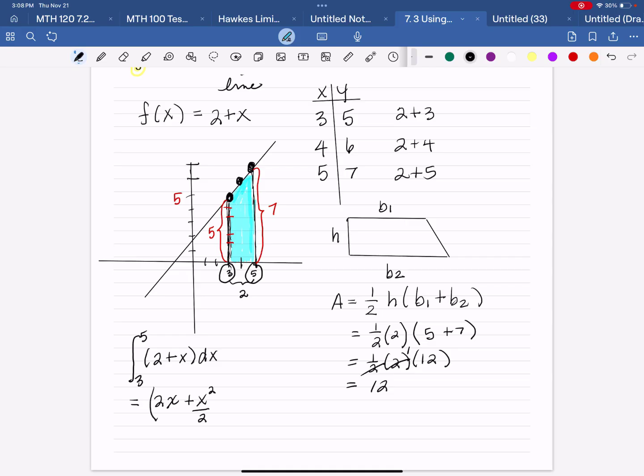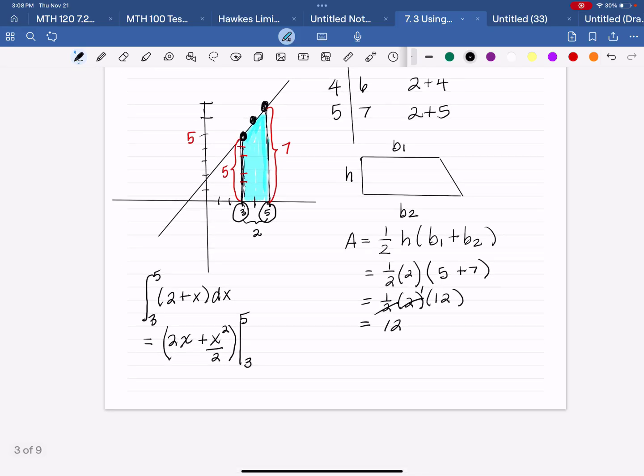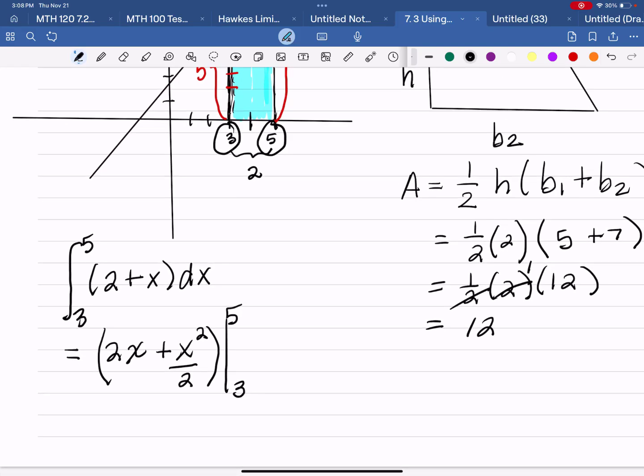And since we have a definite integral, we don't write the plus c, but we write a vertical line 5 and 3, which means we need to evaluate it at 5, evaluate it at 3, and subtract. Remember, that's the fundamental theorem of calculus. All right? So f of x we found to be 2x plus x squared over 2. So we need to find f of 5.